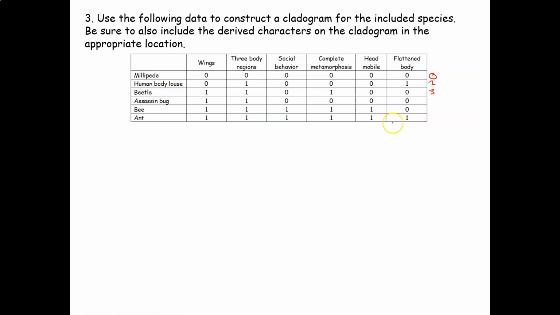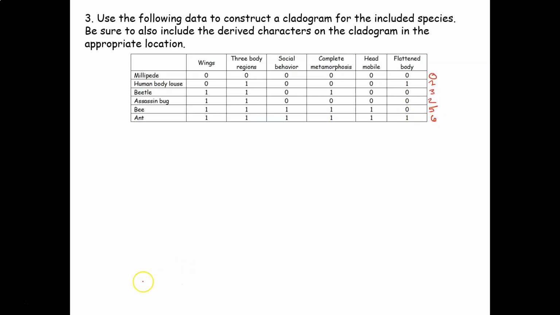Assassin bug has 2. The bee has wings, body region, social behavior, complete metamorphosis, and a mobile head, so that makes 1, 2, 3, 4, and 5 traits. And then the ant has all of them, so we've got 1, 2, 3, 4, 5, 6.